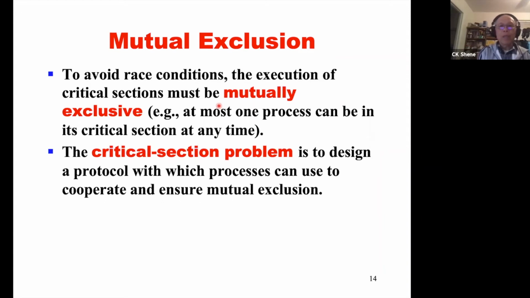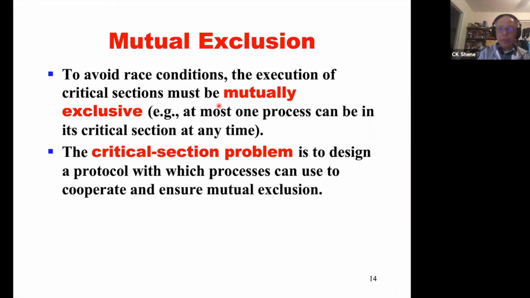If the critical section is executed in a mutually exclusive way, then every access within a critical section is mutually exclusive. So what does that mean by mutually exclusive? It means at any time, at most one process can be in its critical section.